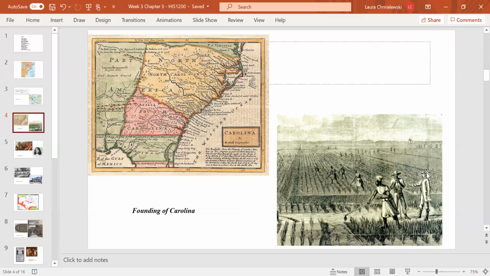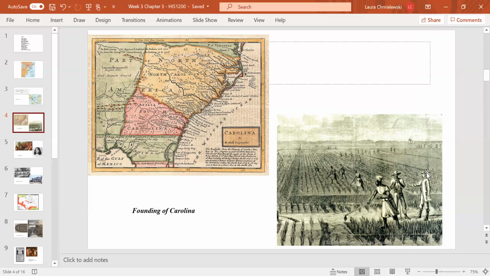Rice, when it is dried and when it's winnowed out, is an extremely durable product. It's also very filling. It's quite nutritious, and it becomes the ideal food for the 17th and 18th centuries because it can be transported around fairly easily.